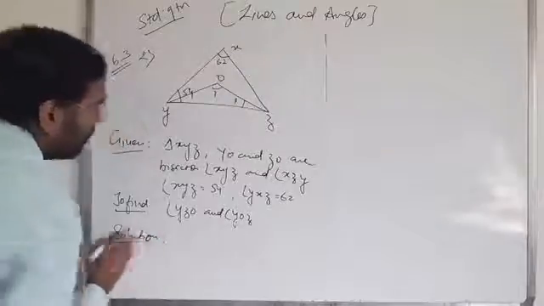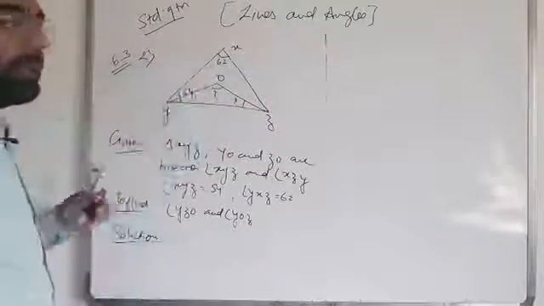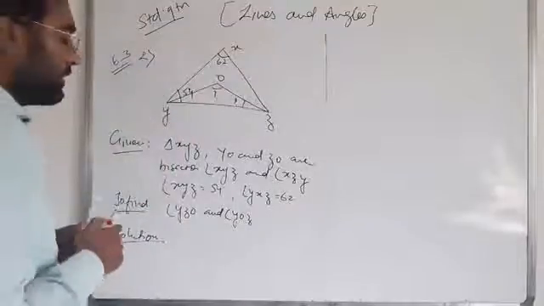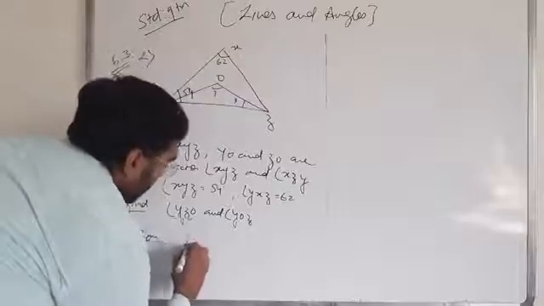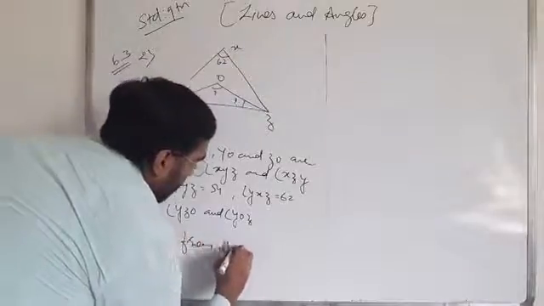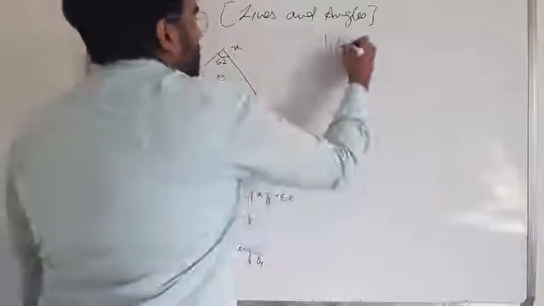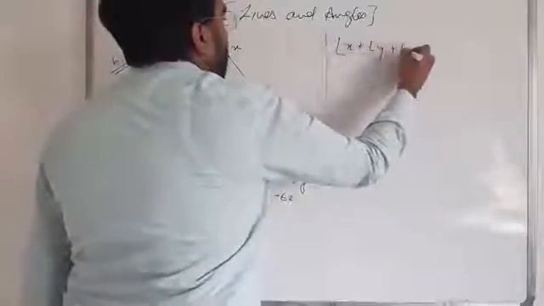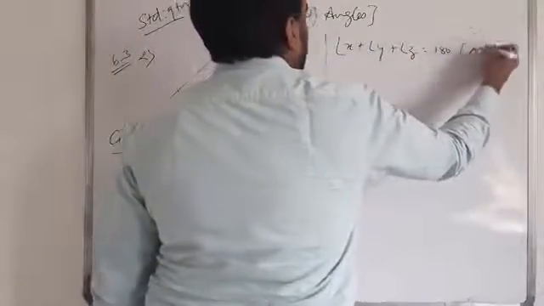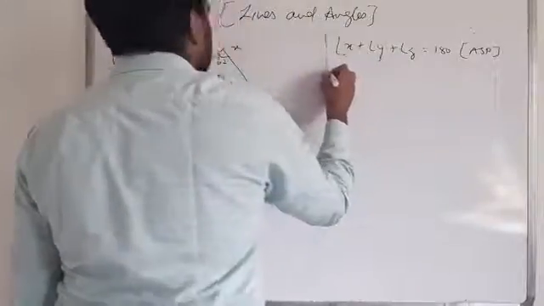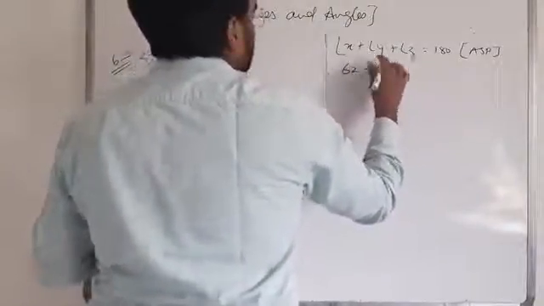In the solution, first of all we know from the angle sum property that the sum of all the angles of a triangle is equal to 180 degrees. So from triangle XYZ, angle X plus angle Y plus angle Z is equal to 180 degrees. Angle X is given 62, angle Y is given 54.